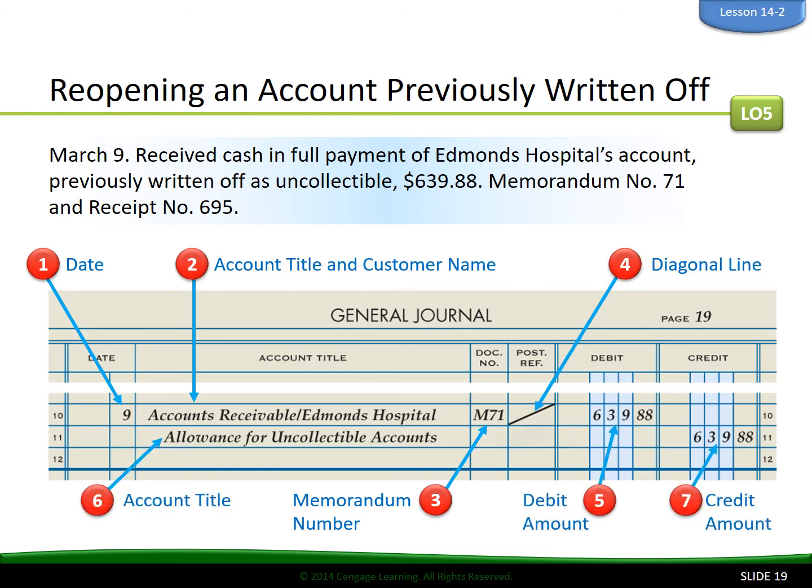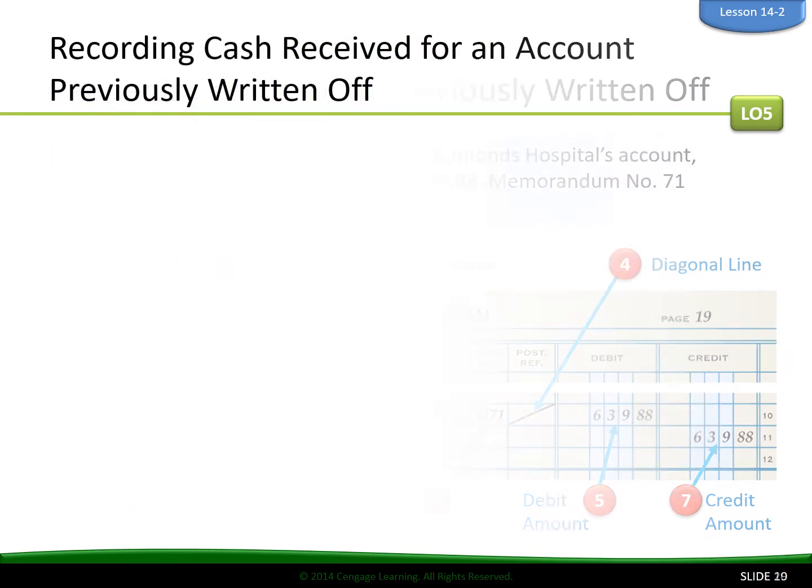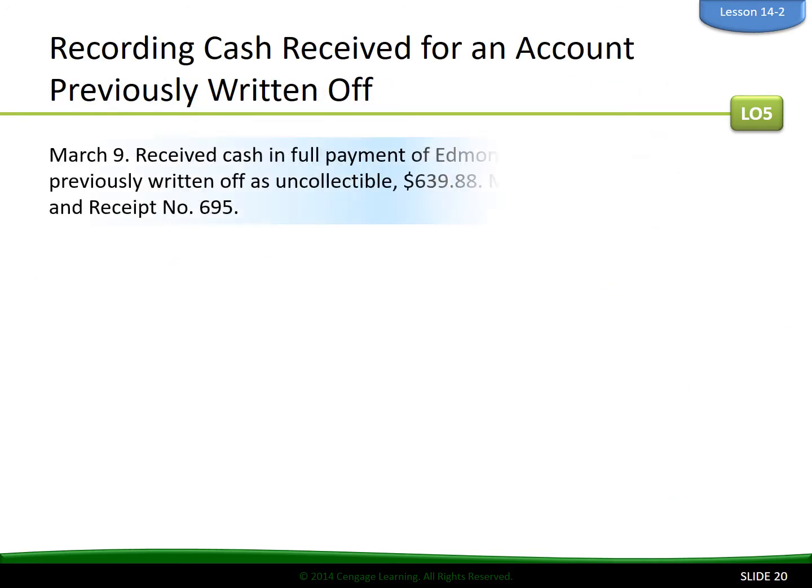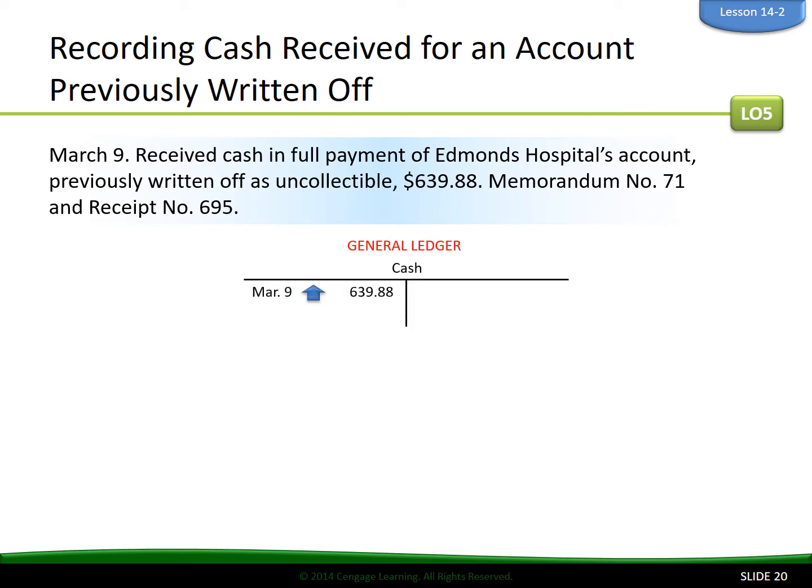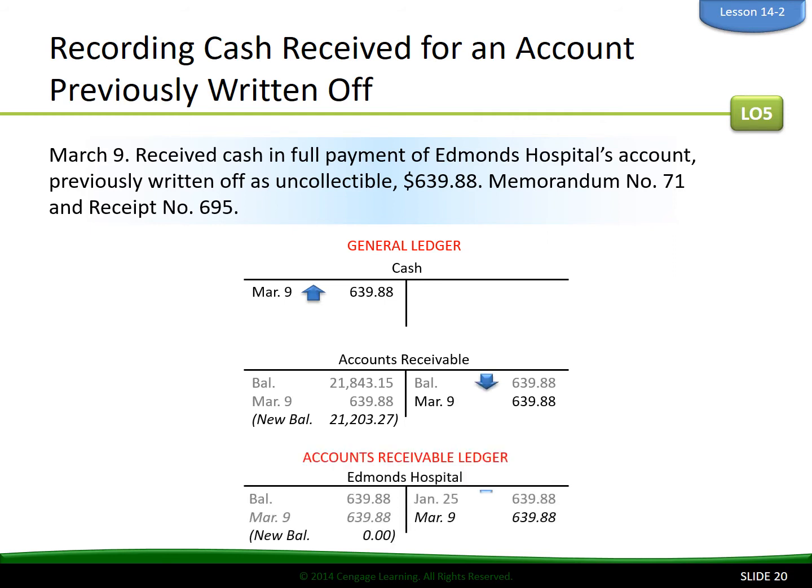Very similar to before. Make sure you have the date, the account title and customer name, the memo number, the diagonal line underneath post reference, the debit amount in the first line, and then next line, the account title, and the credit amount, which will be the same as the debit amount in the last line. Okay, so we can take a look at this.